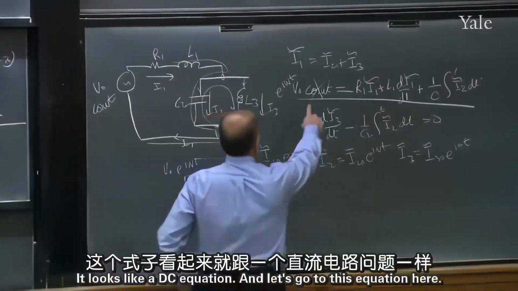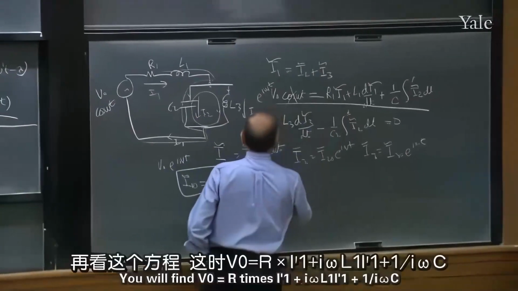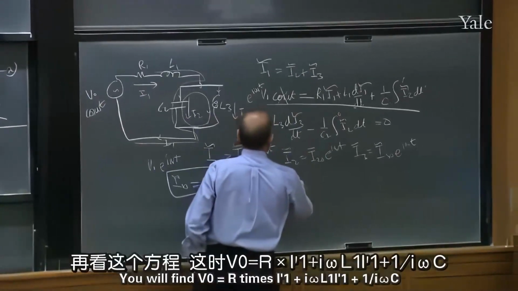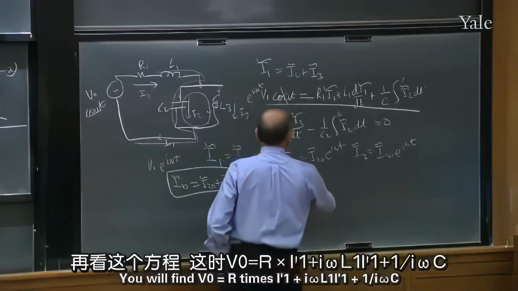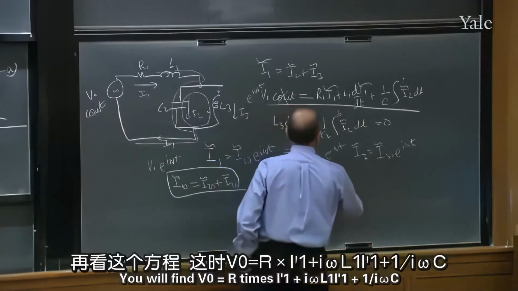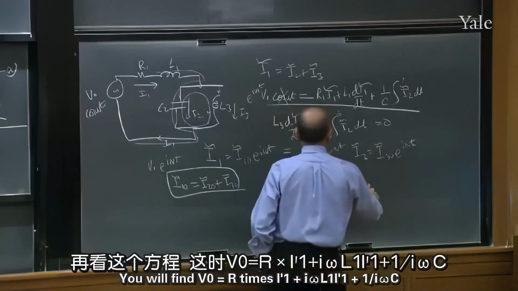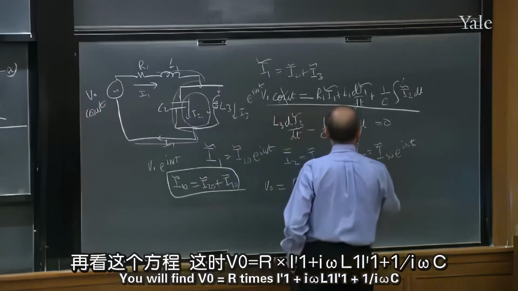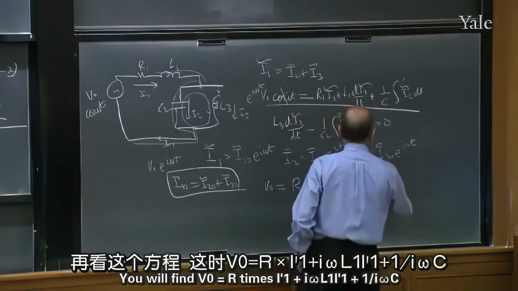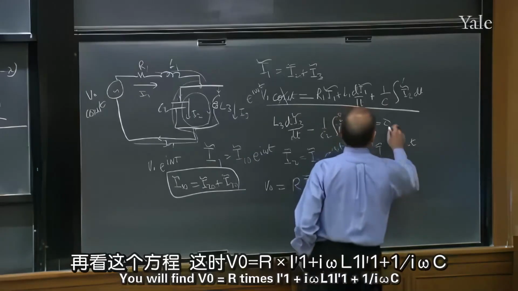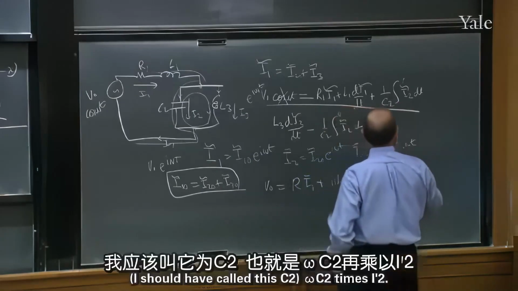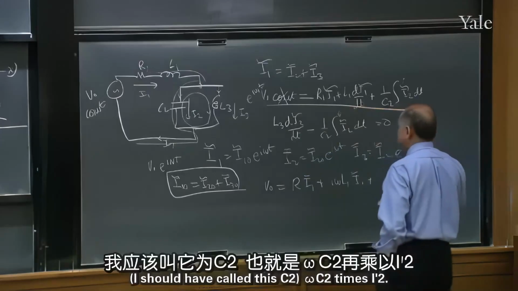And let's go to this equation here. You will find V naught is equal to R times I1 twiddle plus i omega L1 times I1 twiddle plus 1 over i omega C, I should have called this C2, i omega C2, times I2 twiddle.